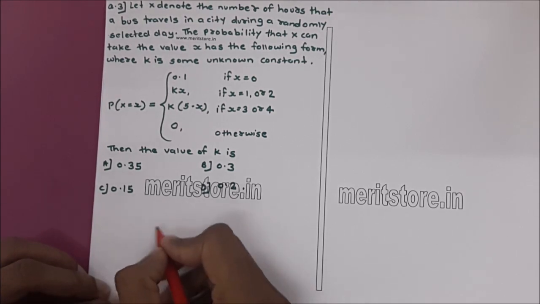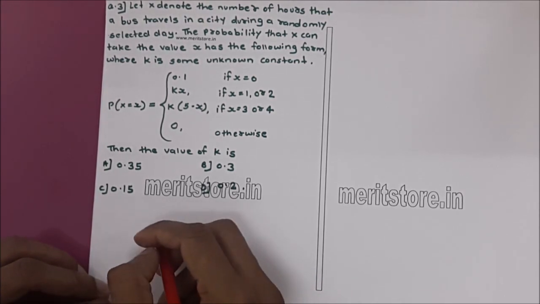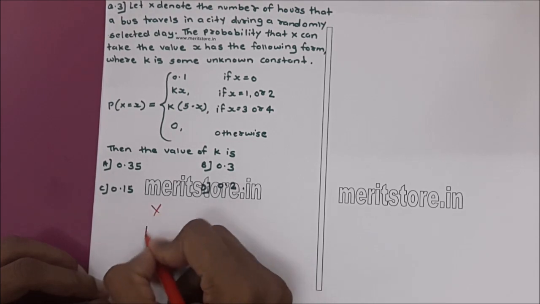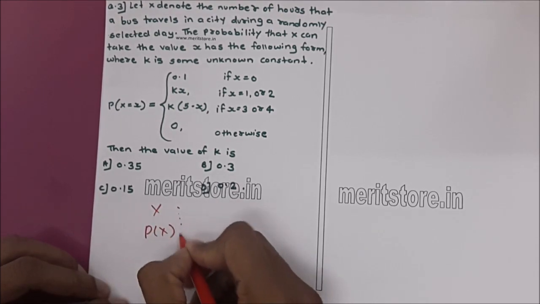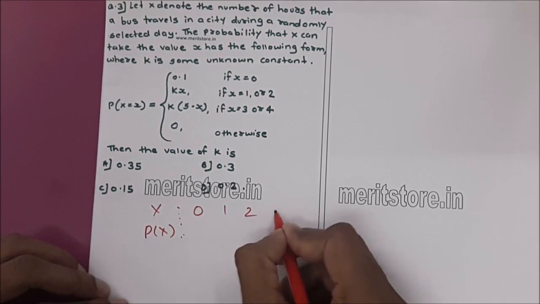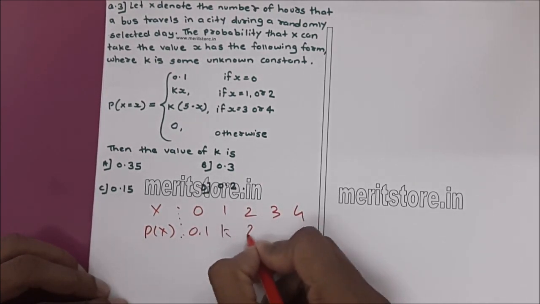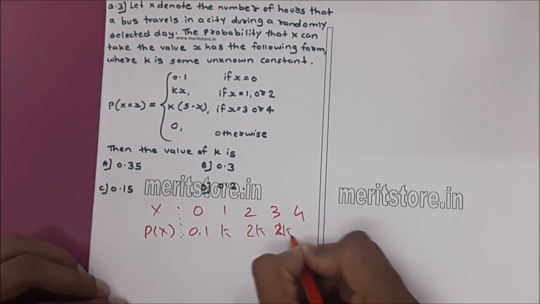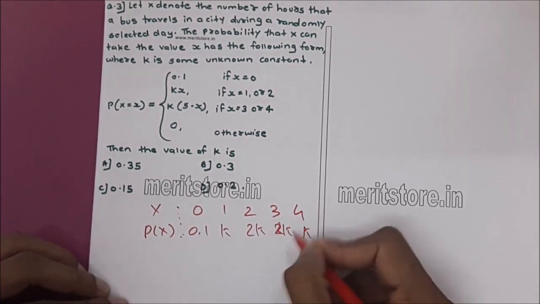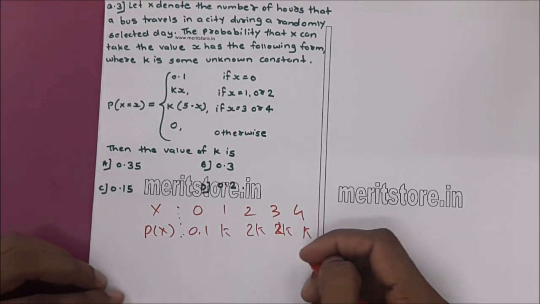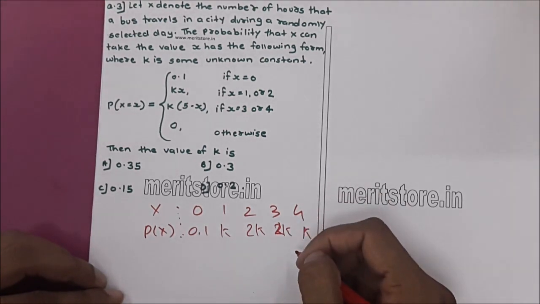We make a PDF, that is probability distribution, with x and p of x. We get x as 0, 1, 2, 3 and 4, and p of x as 0.1, k, 2k, 2k and k. We add all these probabilities. The sum of all the probabilities in a probability distribution is always unity.